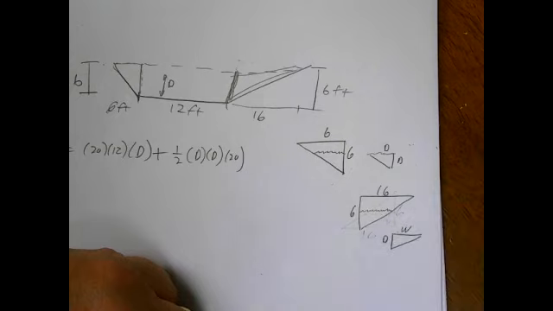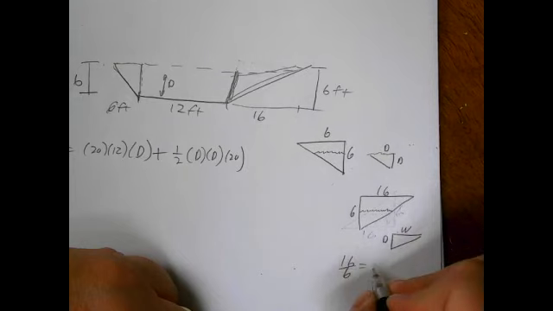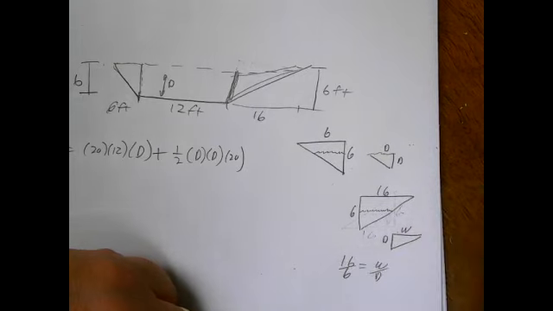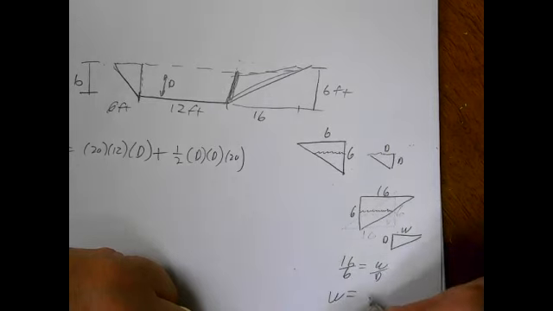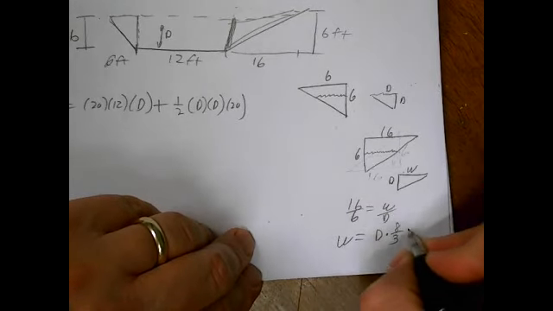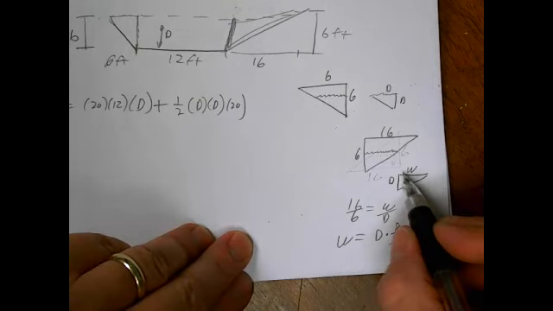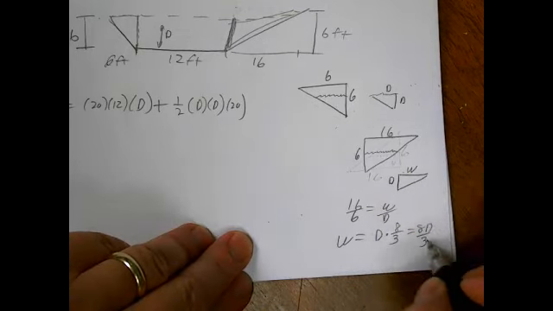We'll call it a W. Again, 16 is to 6 as W is to D. And it's that W I need, so W equals D times 16 over 6, which reduces to 8/3. It's 8D over 3. So this width right here is 8D over 3.